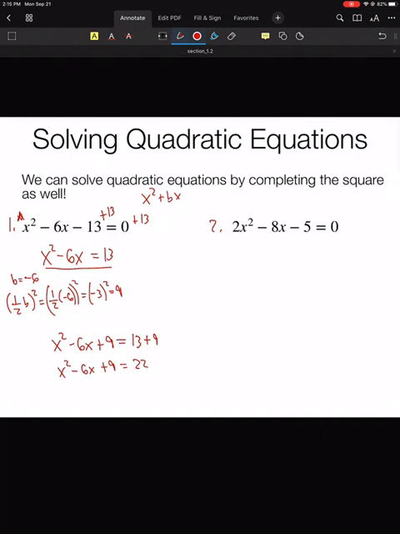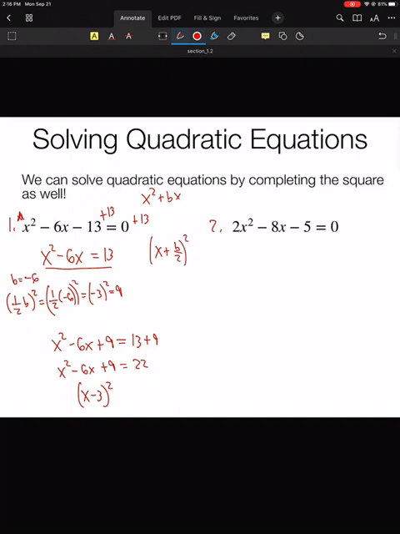Now that I've completed this square, I can rewrite x squared minus 6x plus 9 as x minus 3 quantity squared. Okay, remember it's always b over 2. It's always x plus b over 2, all squared.